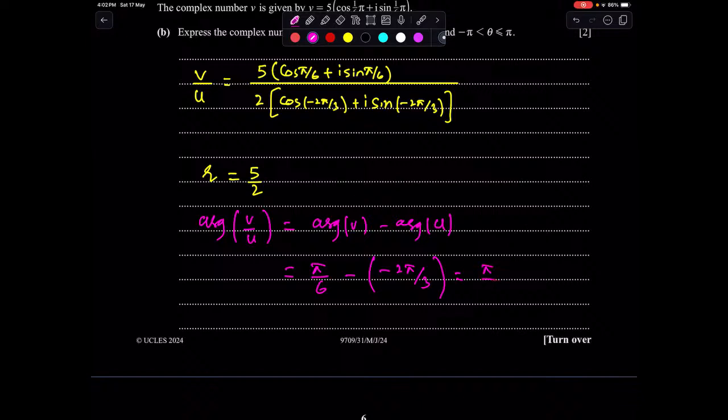So pi/6 plus 2 pi/3. This will become 5 pi/6.